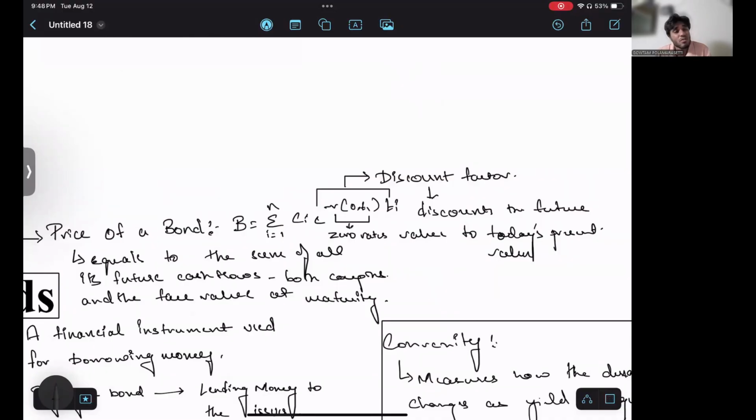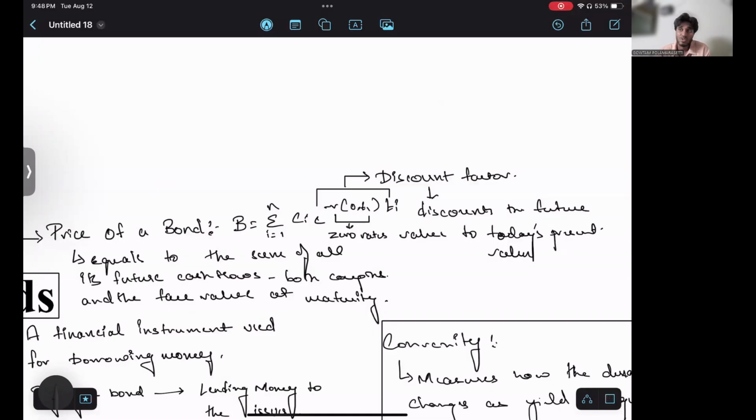So why do we discount the overall cash flows of a bond to find its actual bond price at the present value? The simple analogy is that what $100 means right now might not be the same in the future. For example, if a bag of rice is $10 right now, in the future, due to price changes, inflation and other system changes, the same bag of rice might cost somewhere around $11 or $12.